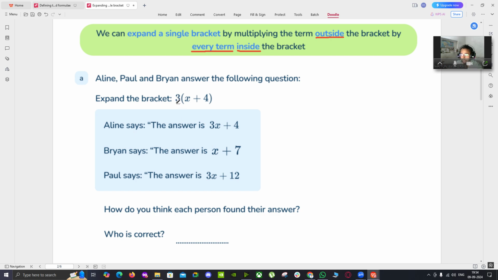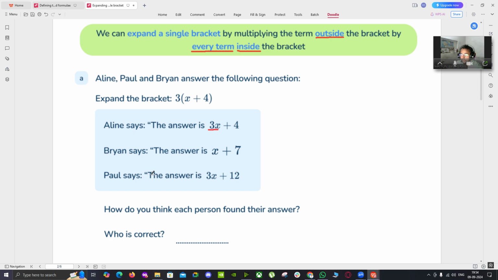So she has correctly multiplied 3 by x, so we got 3x here, but she has left 4. She didn't multiply 3 by 4. So she made a mistake here, she forgot to multiply 3 by 4.